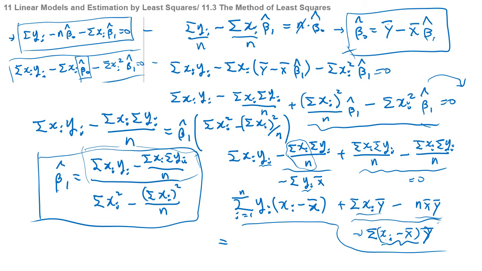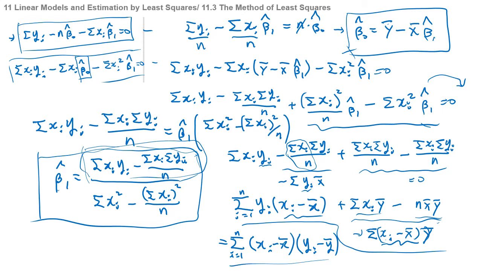Since this one and this one are the same, sum of i equals 1 to n with xi minus x bar, we can take this as yi minus y bar. Okay, so we can re-express the upper part with this.